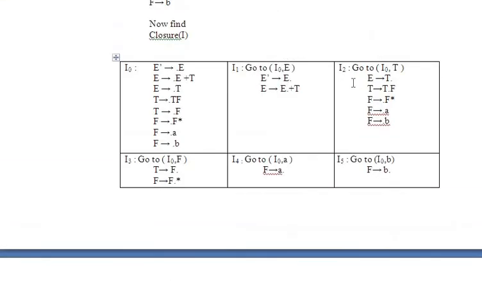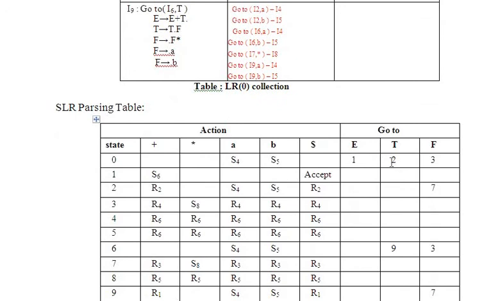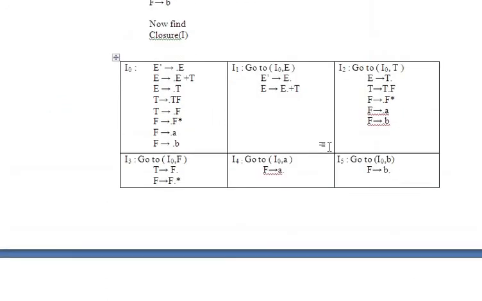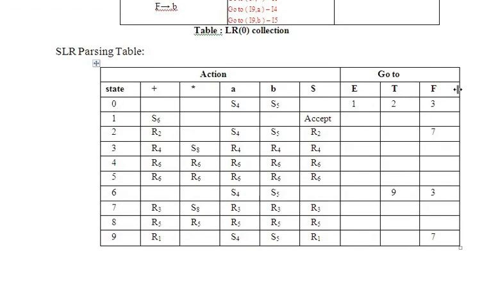Next, I0 on T: your 0th row and T column state is 2, so put 2 in this column. Next, I0 on F, state is 3, so in the 0 row, column F, write 3.